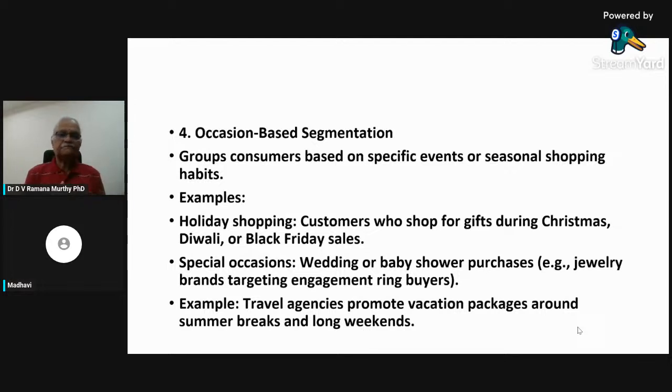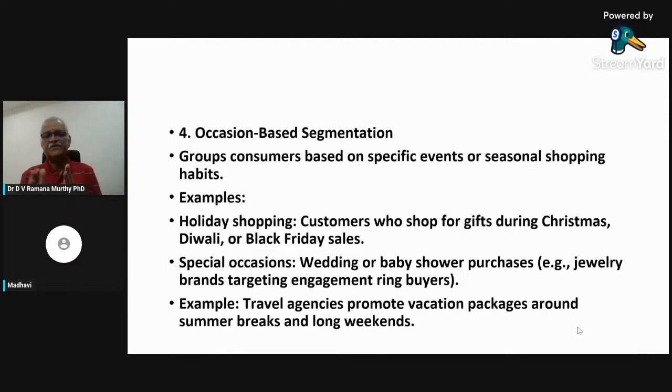And the fourth one is occasion based segmentation. See, in the case of customers who buy products on some specific events or have seasonal shopping habits, based on that, we classify the customer groups into holiday shopping and special occasions.